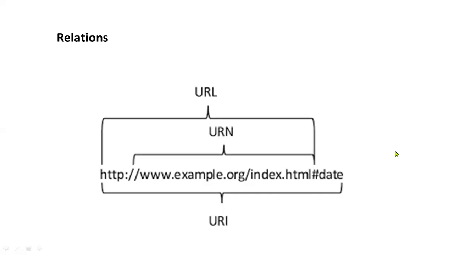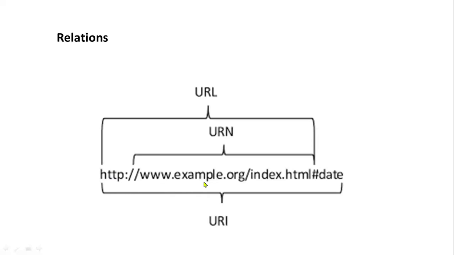URL stands for Uniform Resource Locator, and it is a type of URI that identifies the location of a resource on the internet. A URL typically includes a protocol such as HTTP or FTP, a domain name, a path to the resource, and sometimes query parameters.